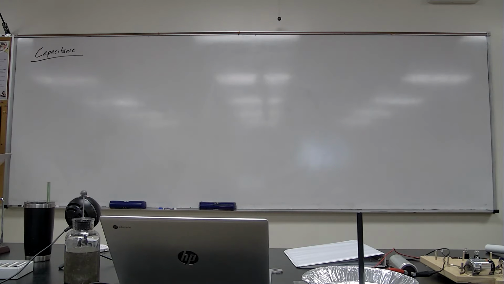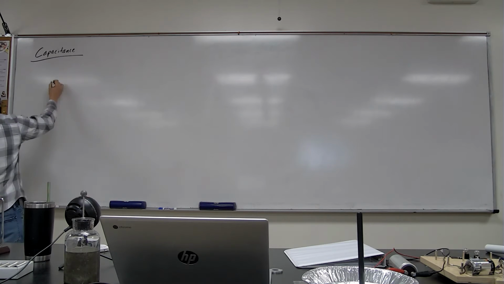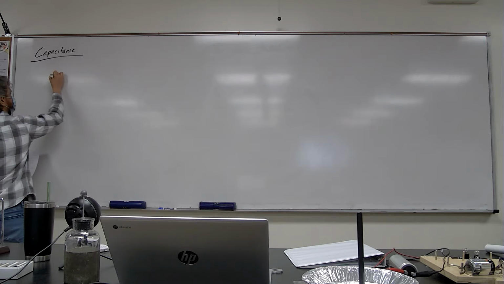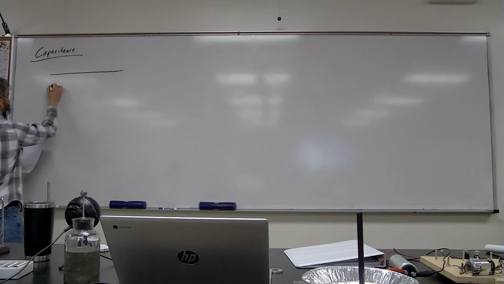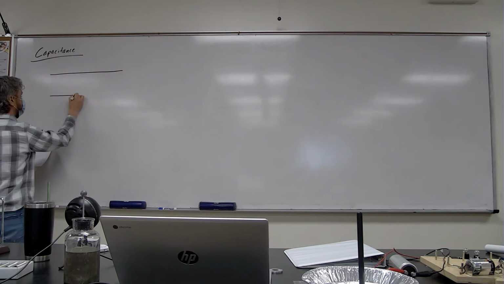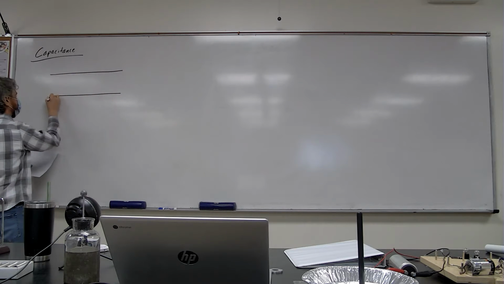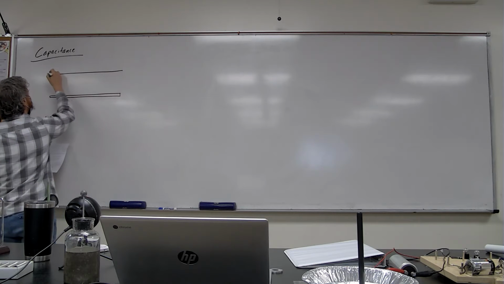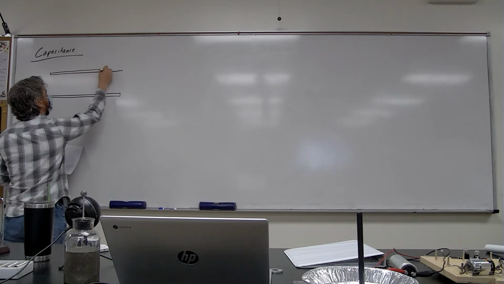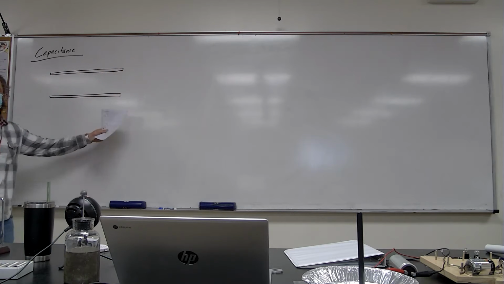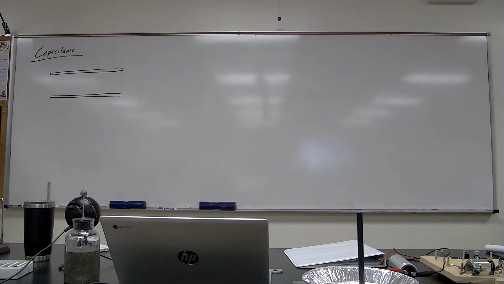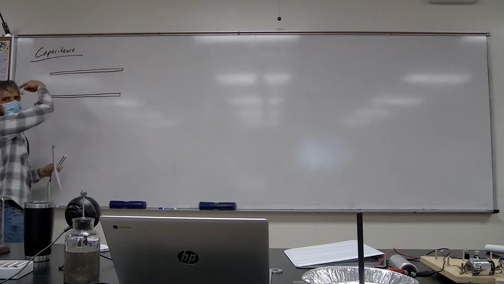So let's say we have 2 capacitor plates that are charged. I'm just going to draw them as lines here. And we're going to assume their areal extent is much, much larger than the distance that separates them. So imagine these guys going off to infinity, right?